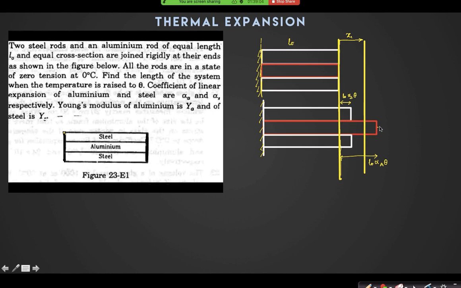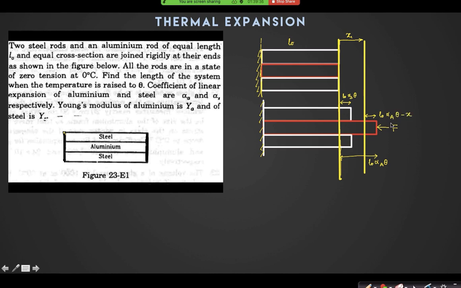So there must be some force applied on this aluminium rod, which has decreased the length by this much. It will be because of the steel rods. That force has decreased its length to L0 alpha aluminium theta minus X.